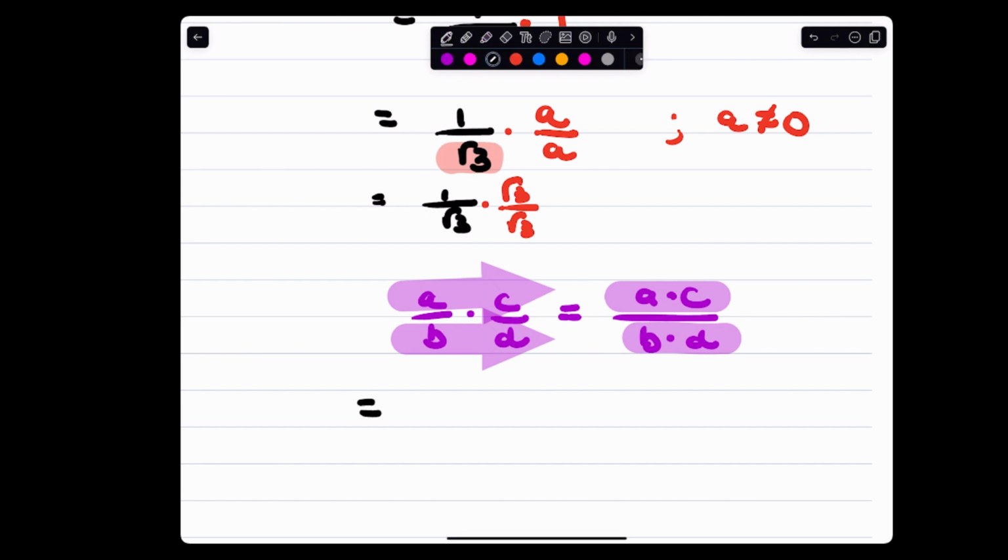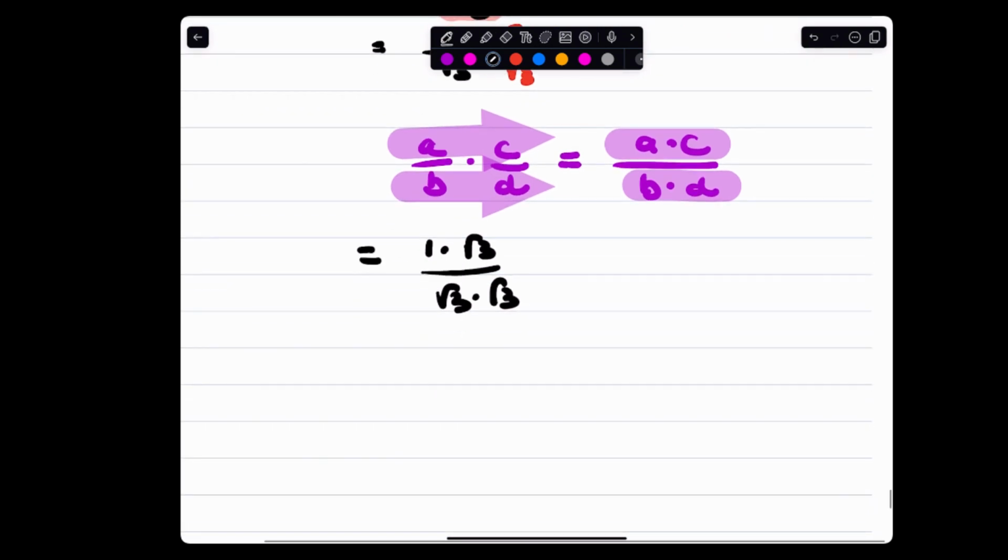And so that means we have 1 times the square root of 3 over the square root of 3 times the square root of 3. Is that right? And then that gives you the square root of 3 over what number? 3. And so, ladies and gentlemen, square root of 3 over 3.